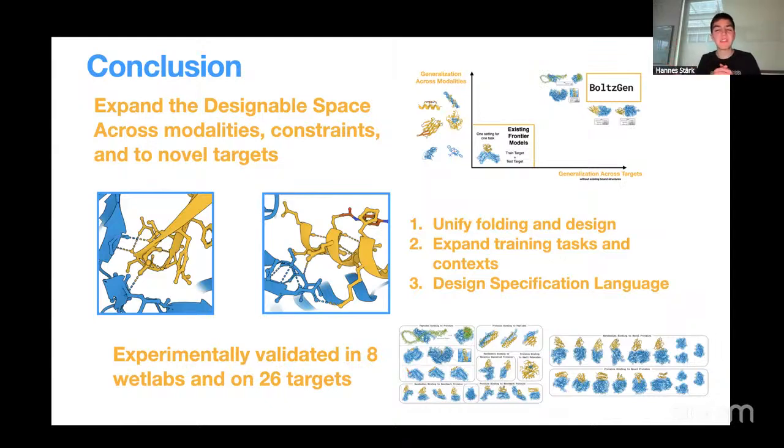And then we have this design specification language with which we can control what we're generating, because we, for example, want to be able to specify binding sites, or that we generate a nanobody instead of a vanilla protein. And then we have some experimental validation with many wet labs all over the world, across 26 targets.